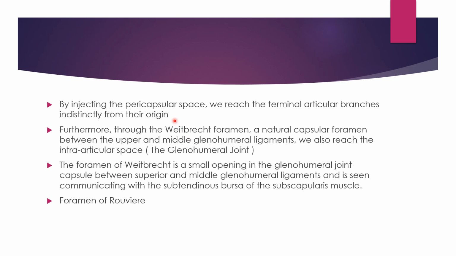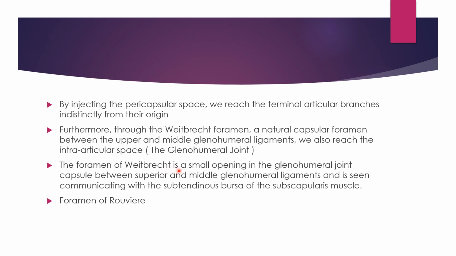By injecting into the pericapsular space, we reach the terminal articular branches of these nerves, which are indistinct from their origin. Furthermore, through the foramen of Weitbrecht, a natural capsular foramen between the upper and the middle glenohumeral ligaments, we can also potentially reach the intra-articular space, that is the true glenohumeral joint.